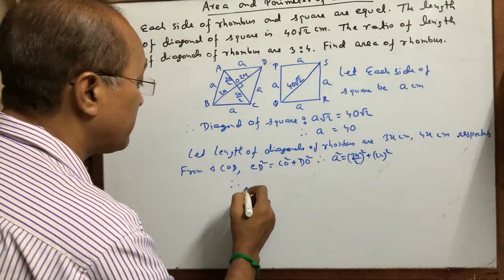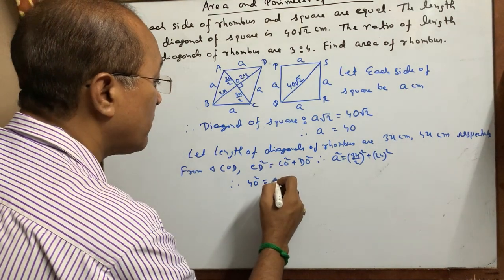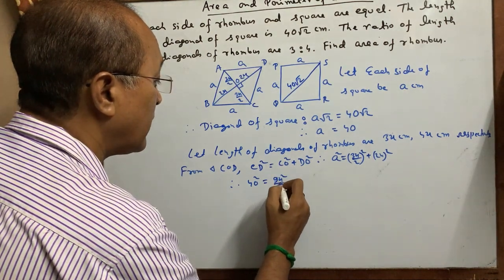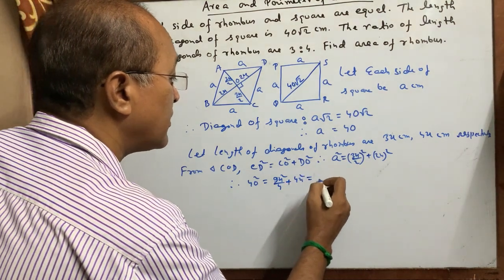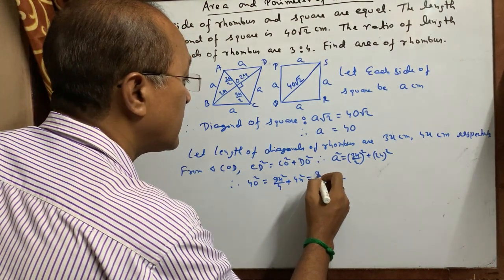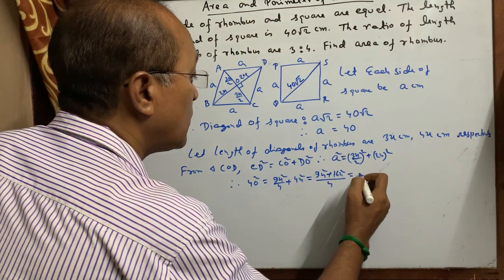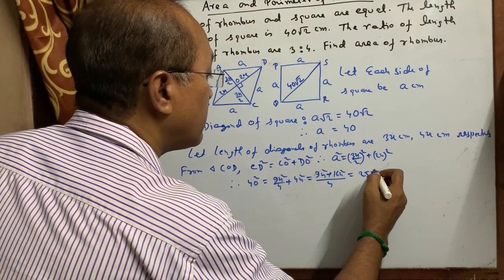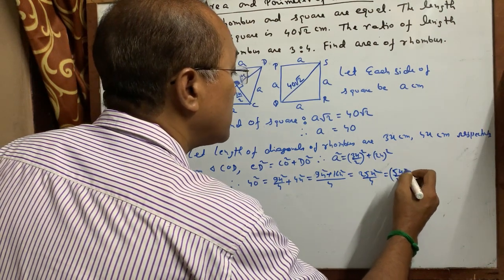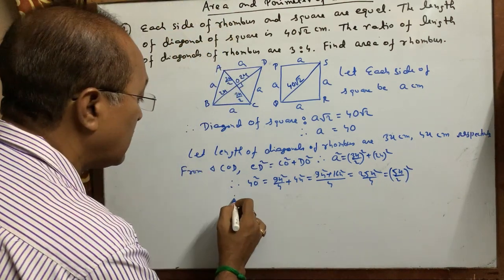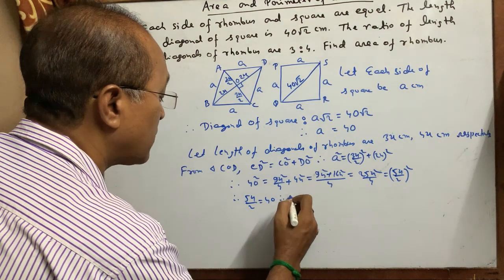It means A is 40, 40 square is equal to 9x square by 4 plus 4x square, that is 25x square by 4. So 5x by 2 whole square. Therefore, 5x by 2 is equal to 40.